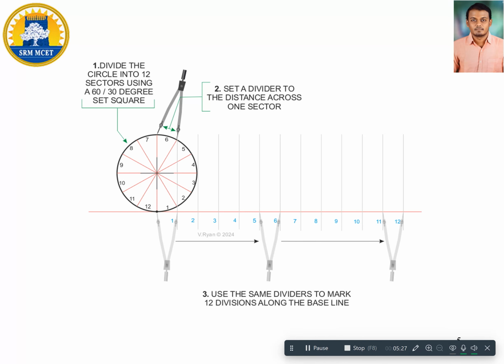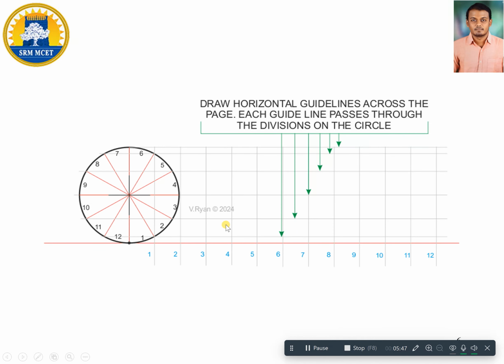Then after doing so, I am going to draw parallel lines to this baseline from all the points available on the circle. For example, I am going to draw one parallel line connecting point 12 and 1, and extend it until this point 12. You can see here, from point 12 connecting 1, I am extending one parallel line.